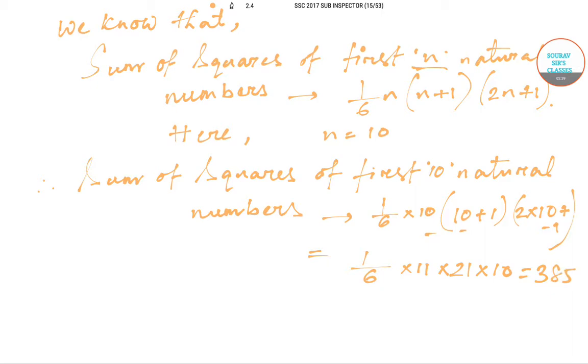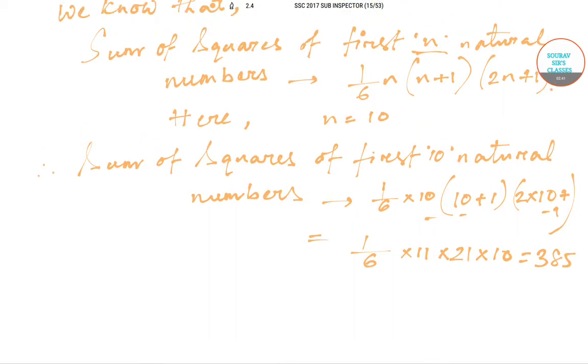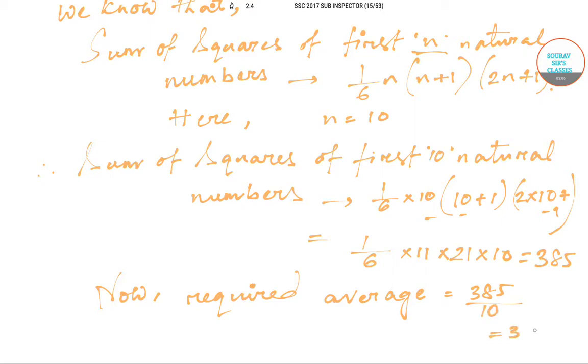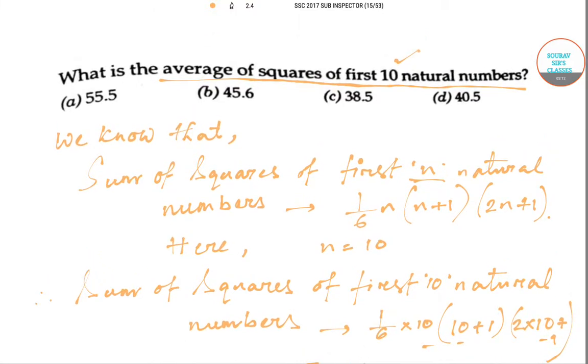Now the required average is 385 by 10, that is equal to 38.5.